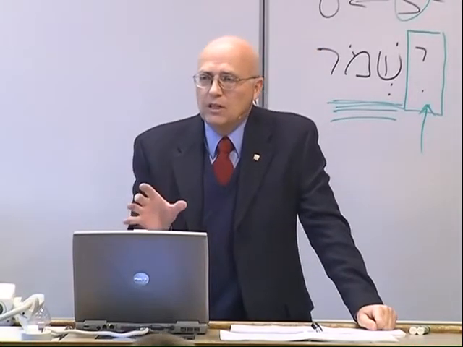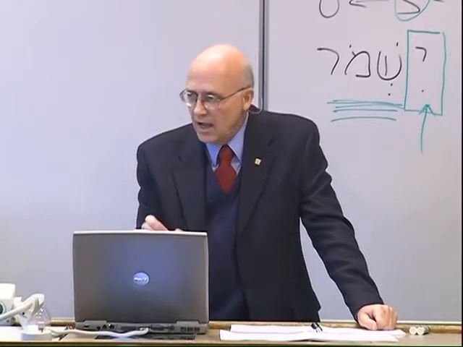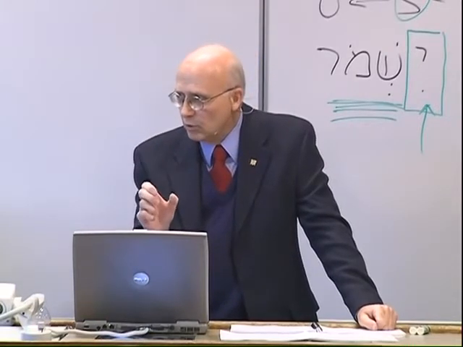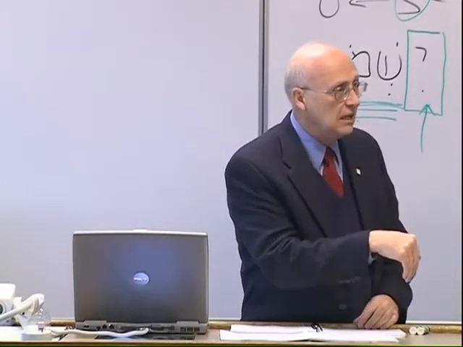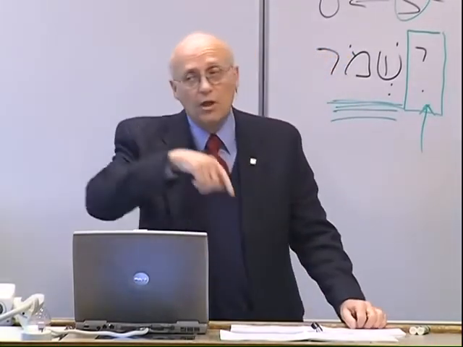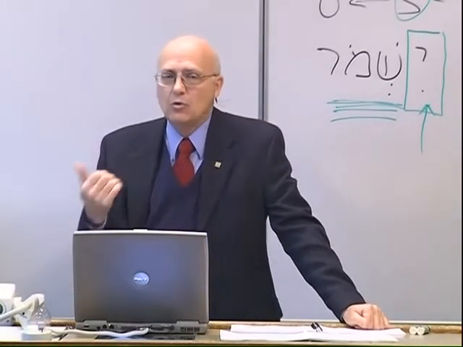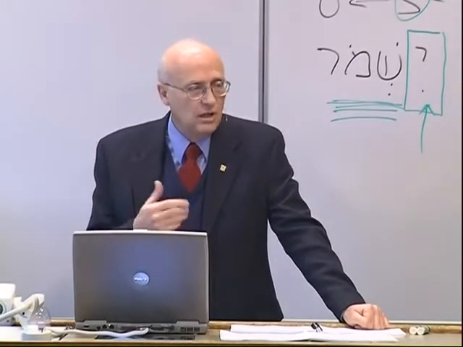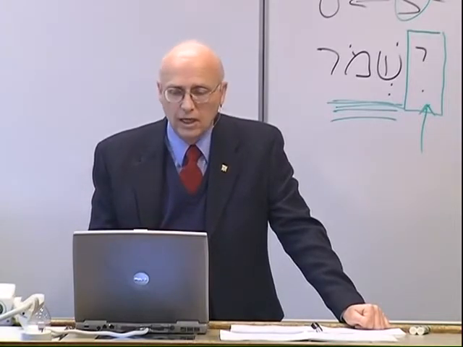But when we look at these roots, keep in mind we're looking normally for three consonants that form the main root. Then everything that's added to it, whether it's on the end, as in the perfect, or on the beginning, as in the imperfect, helps us to identify the person, number, and gender, and the type of verb that we're looking at.